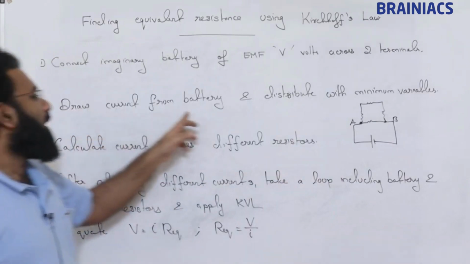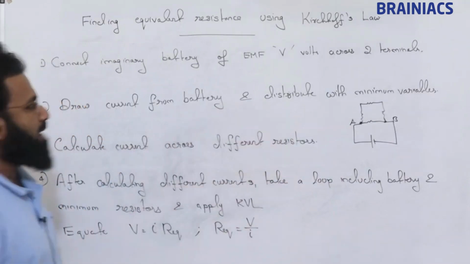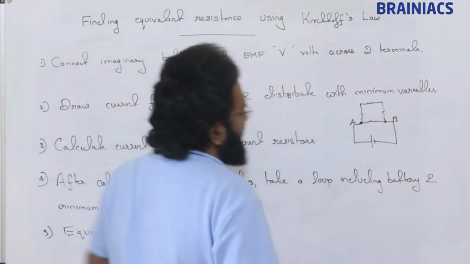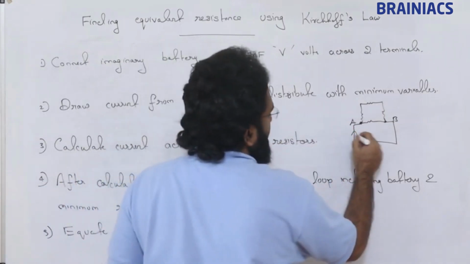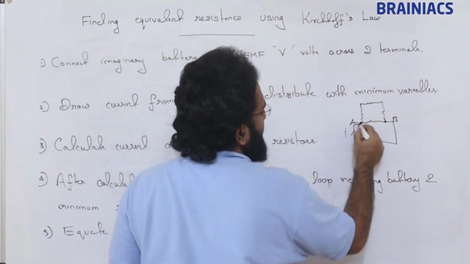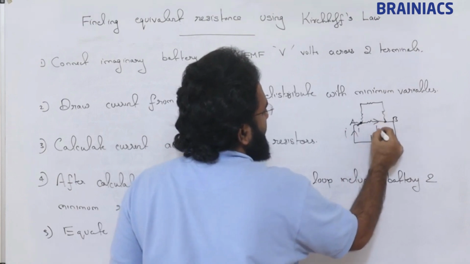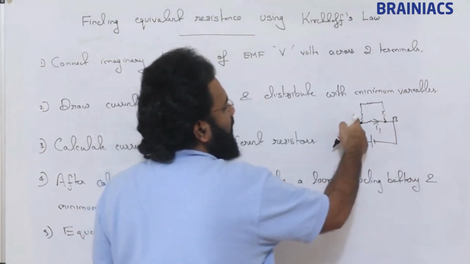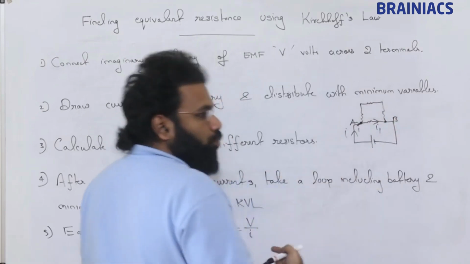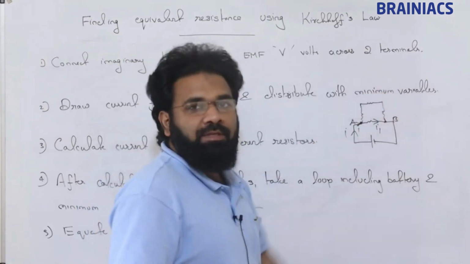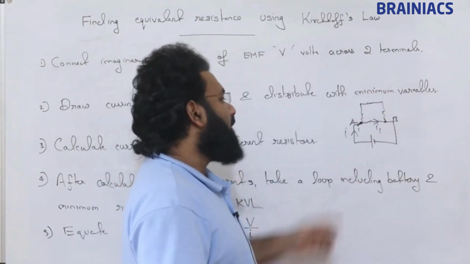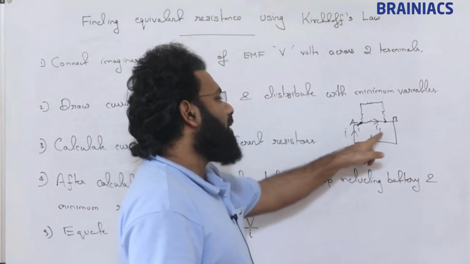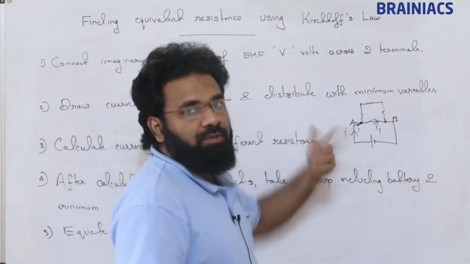Second step is draw current from the battery and distribute it with the minimum variables. Say suppose we draw current I. So current I is here. If this is I1, we can draw this as I2. How many variables will come here? I is one variable, I1 is one variable, I2 is another variable.